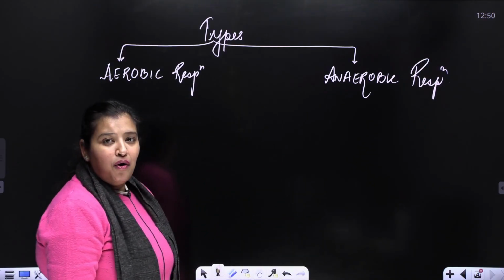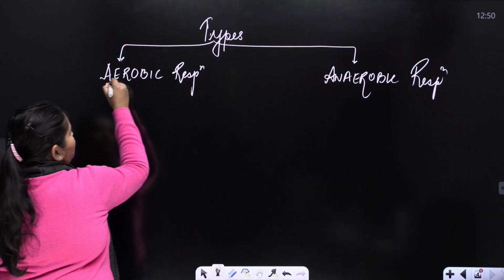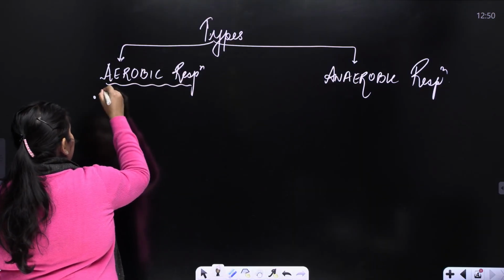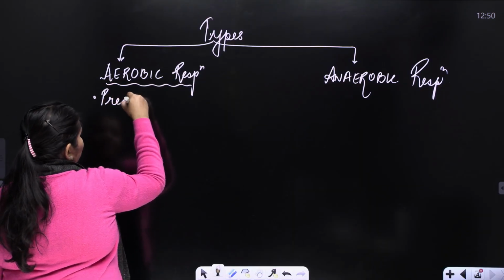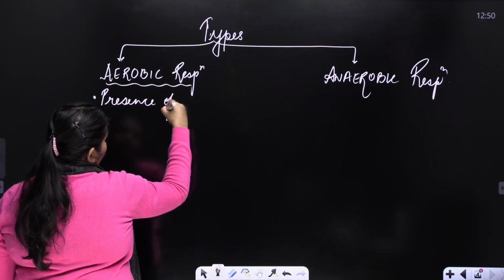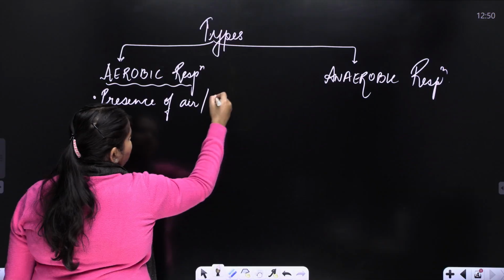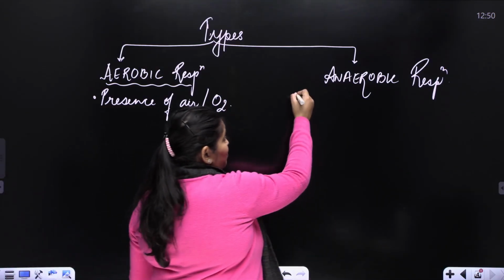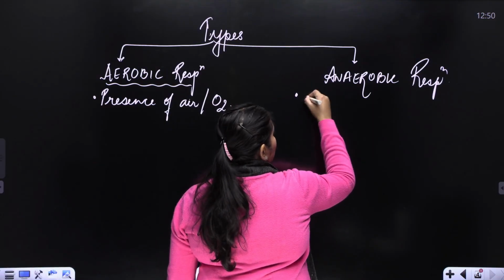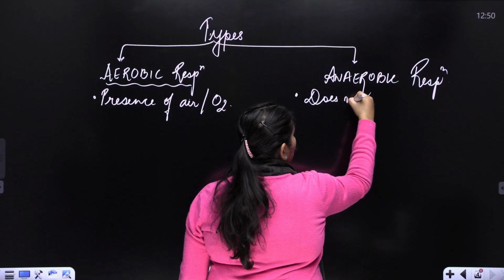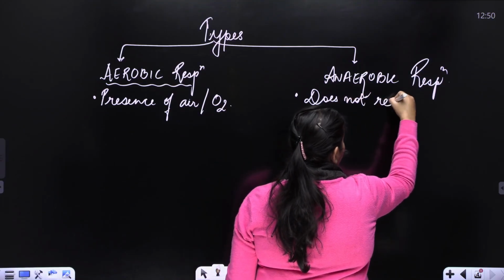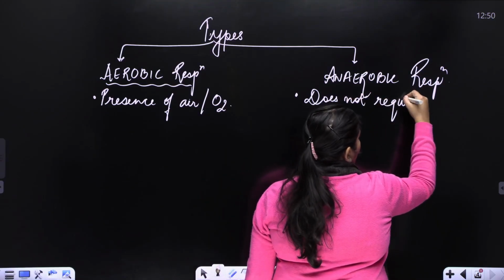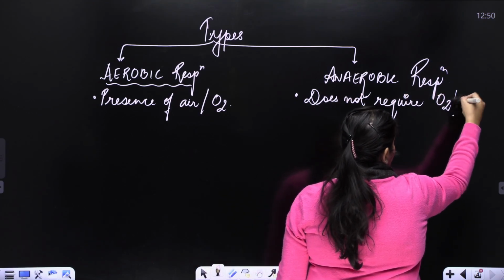So when I say aerobic respiration, a respiration which takes place in the presence of air, which means, to be precise, oxygen. Anaerobic respiration is that process which does not require oxygen or air.